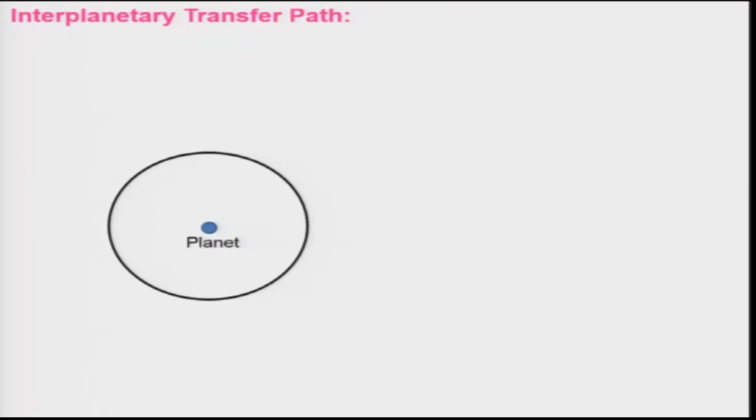So, for that let us consider this is your planet, it can be earth, it can be moon, and let us say this is an orbit on which you will have to place a satellite, and that is known as parking orbit. And let us say this is your satellite.